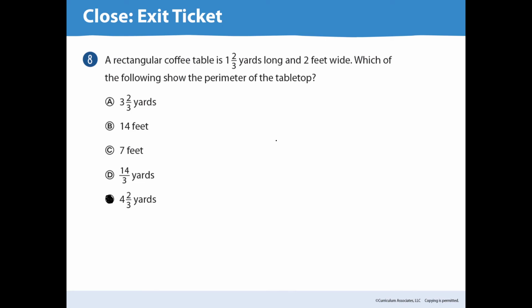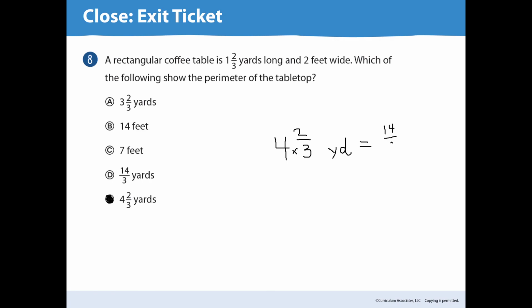So let's see if another one of these works. So I have 4 2/3. And I'm really curious about this one right here, the 14/3, because they're both in yards. So if I take 3 times 4, which is 12, plus 2 is 14, so that is equal to 14/3.